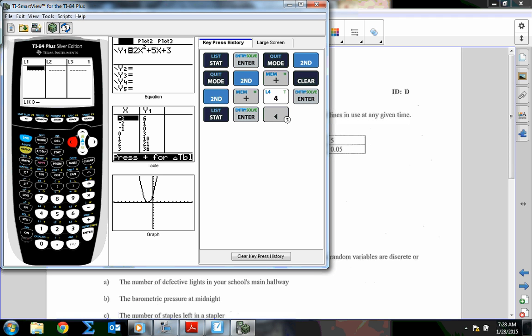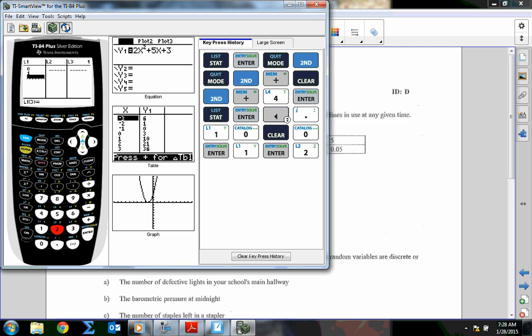So I'm going to come over here to L1. And luckily, I think I can use the keyboard to do this part. Thank goodness, instead of trying to use that pen. So I'm going to throw in my x values first. So it's going to be 0, 1, 2, 3, 4, and 5.